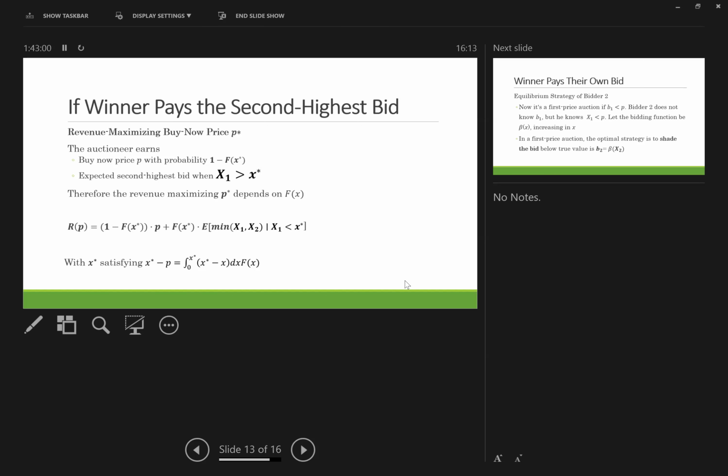Sorry, I'm using the true value wrongly. I'm supposed to use the cutoff. If we have that, then the revenue achieved at the end of the day would be a function of the values of bidder 1 and bidder 2, subject to the fact that bidder 1's value is less than the cutoff.